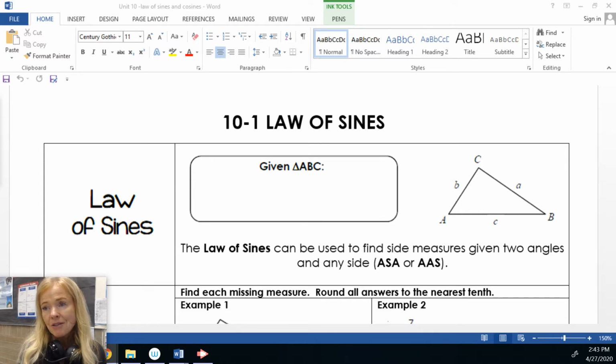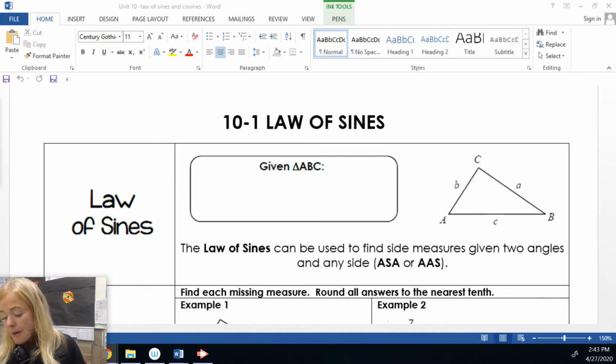So trigon is a Greek term for triangles, and metron is a Greek term for measure, and so together trigonometry means measuring the measure of triangles. Now, the law of sines is something we can use when triangles don't have a right angle.